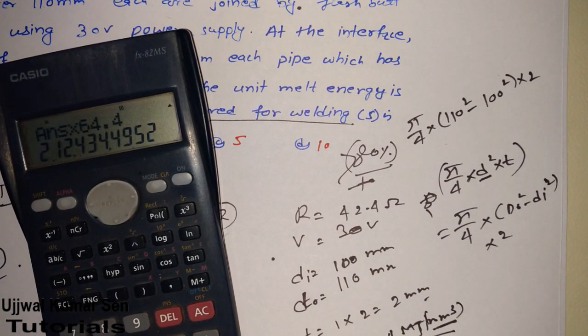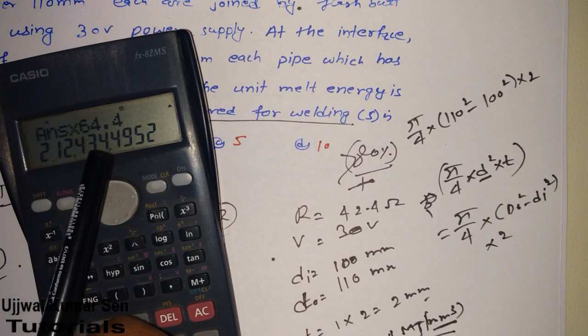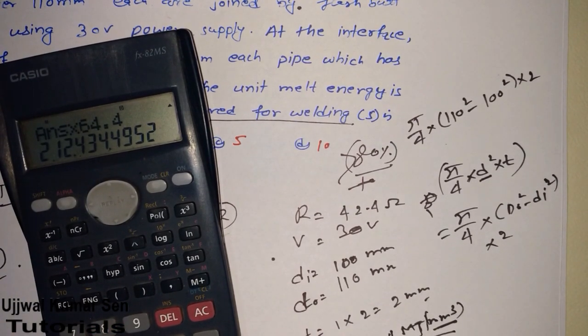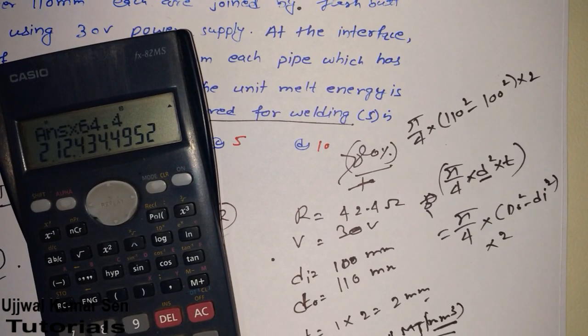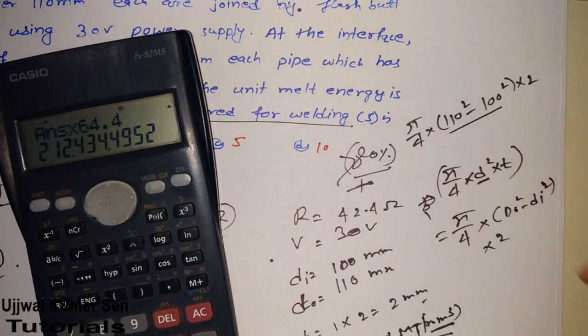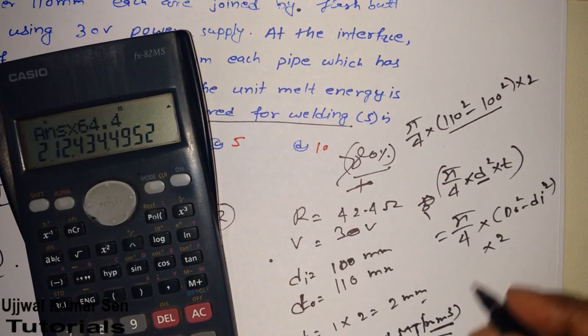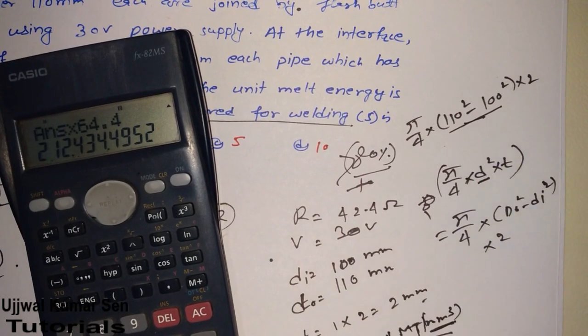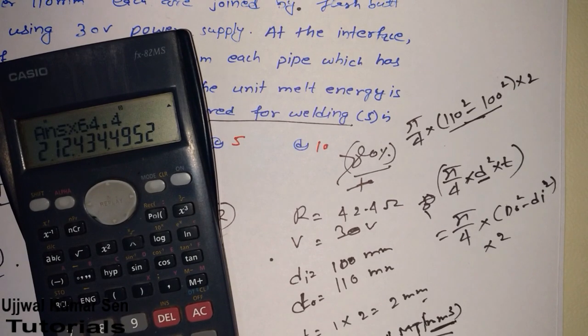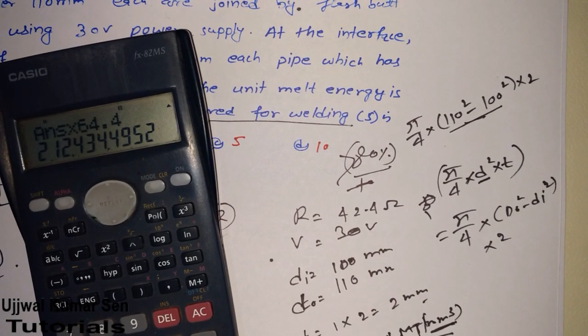So what value are we getting right now? 212434.4. Okay, now one thing here is most important: what mistake are we making here?